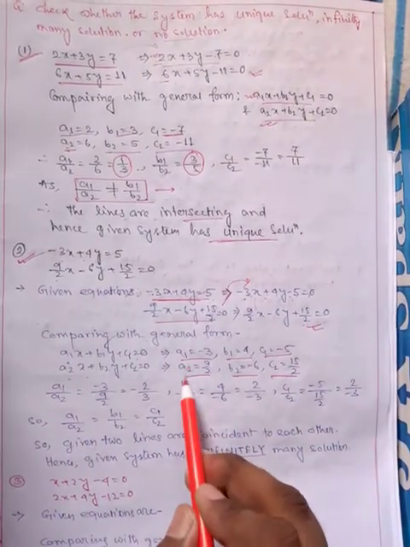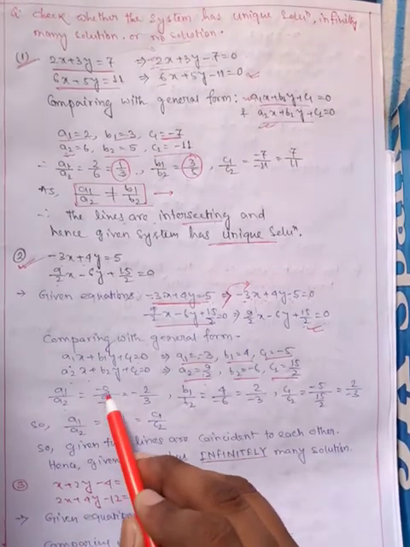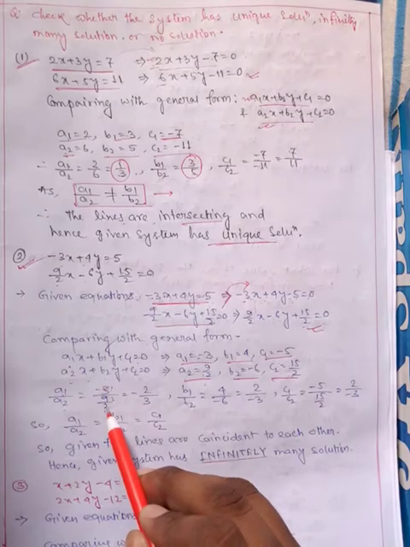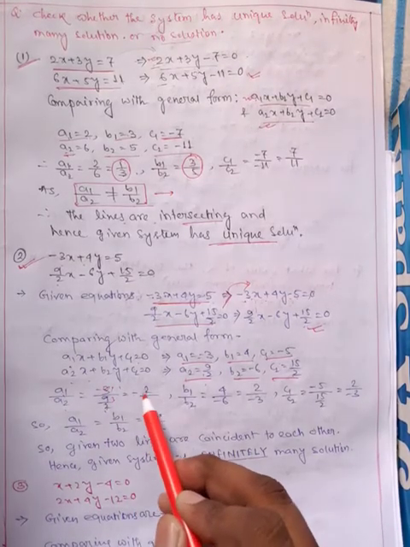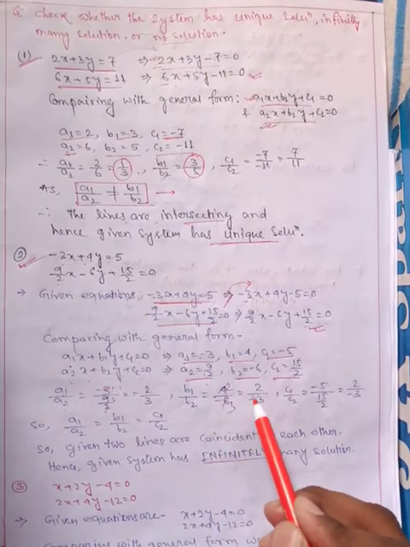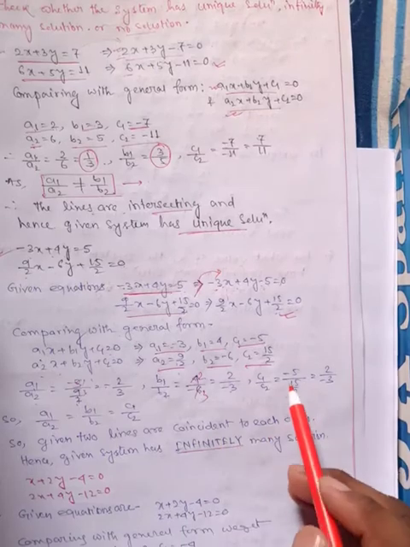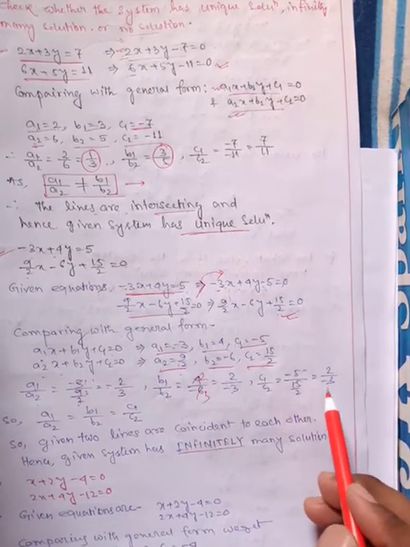Okay. Now find the ratio a1 by a2, that means minus 3 by 9 by 2. If you cancel out 3, it will be inverse, so minus 2 by 3. b1 by b2 equal to 4 by minus 6. If you cancel out 2, then minus 2 by 3. And c1 by c2 equal to minus 5 by 15 by 2, so 2 will come here, so minus 2 by 3.